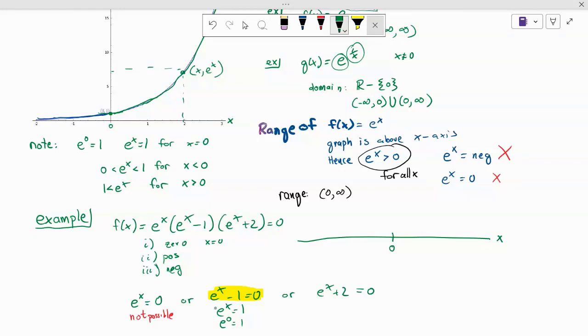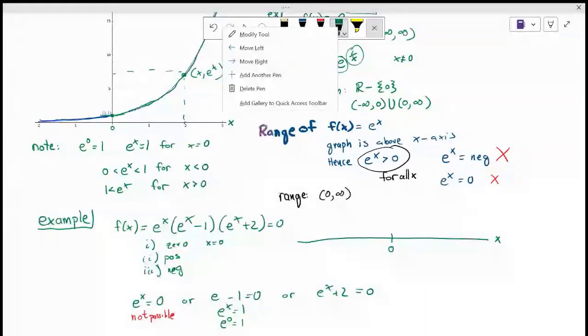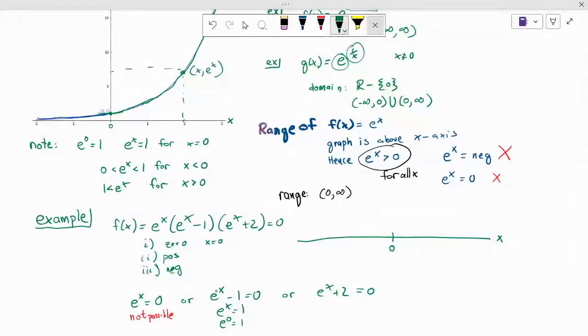Okay. And what about the last factor? Is it possible that e to the x plus 2 is equal to 0? It is possible. Actually, the sound is really low for me, so could you repeat that?